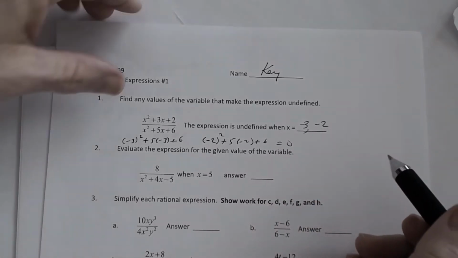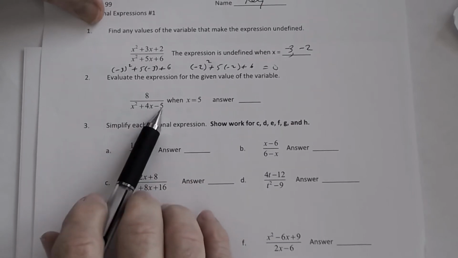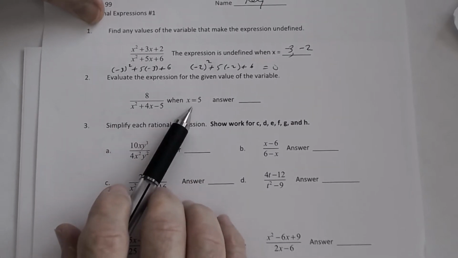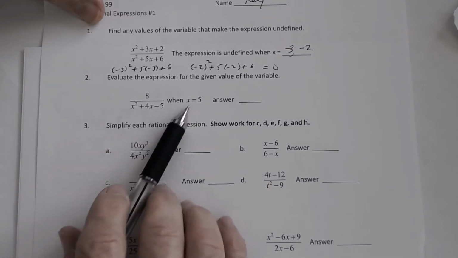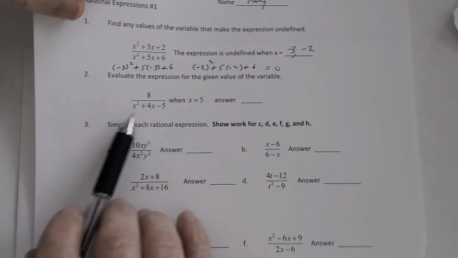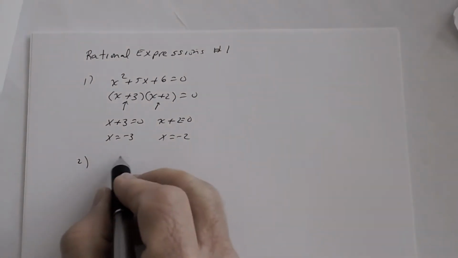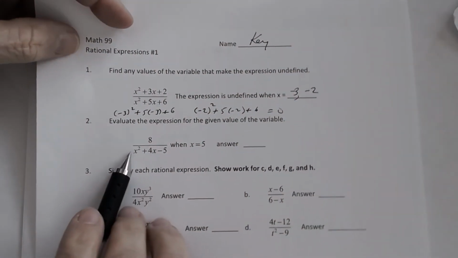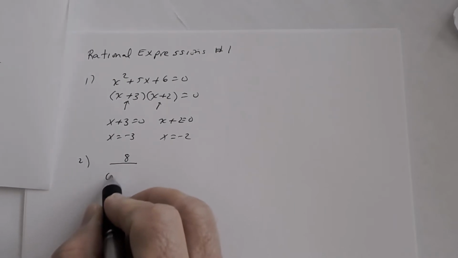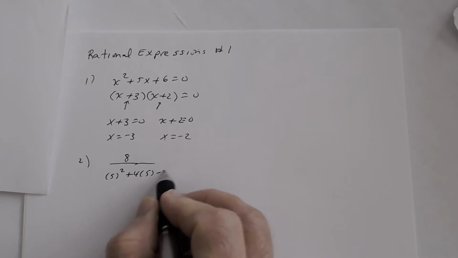All right, number 2, you're asked to evaluate the rational expression when x is 5. Wherever you see the variable x, you need to substitute 5. So we have 8 divided by 5 squared plus 4 times 5 minus 5.